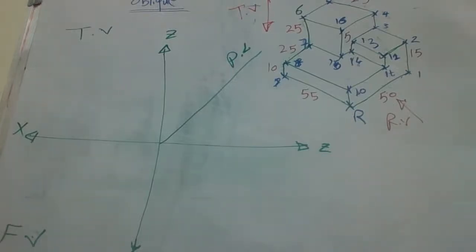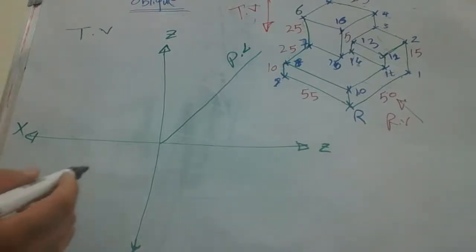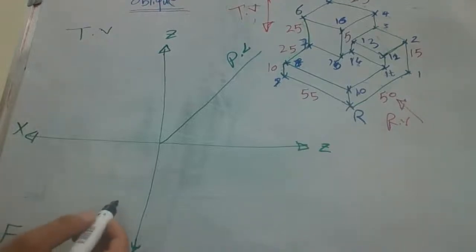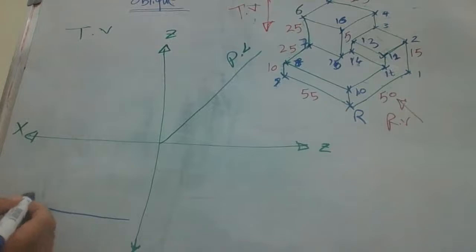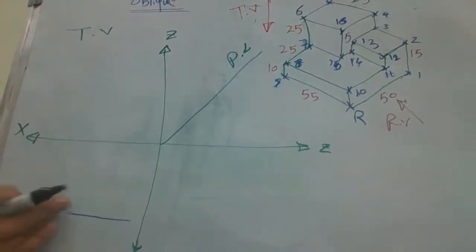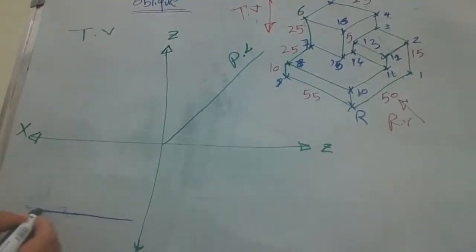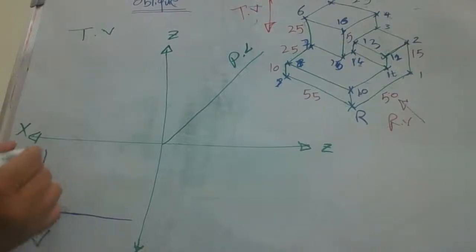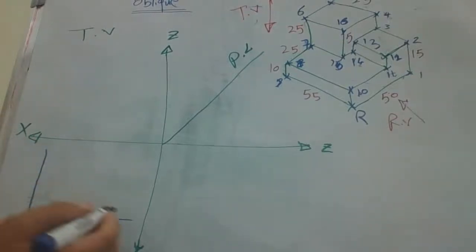For the front view, let us start with the front view. Front view contains the width and the height. How much is the width? Width is 55 millimeter, and the height is about 35.